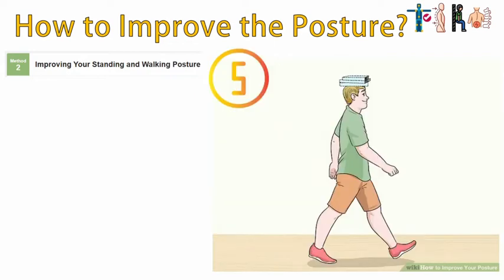Number five, walk as if you have a book balanced on your head. This is what Miss Universe or any candidate of a pageant does to have a good posture when they walk. So walk as if there is a book balanced on our heads. Imagining a book on your head will help you keep your head up and your back straight.